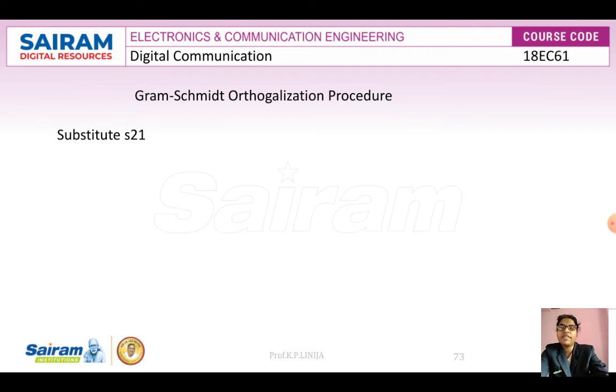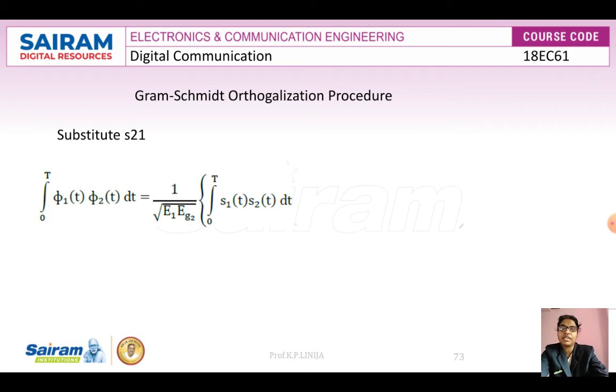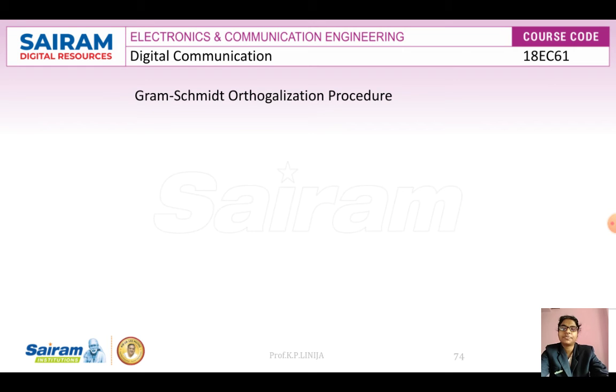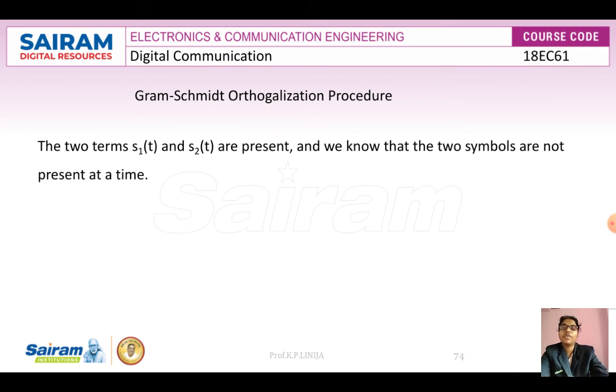Then we already know the coefficient is defined as s21. Therefore, this equation may be rewritten by substituting the value of s21, which is nothing but the integral of s2 of t into phi1 of t. Now we have two terms, s1 of t and s2 of t, present in the previous integral, and we know that these two signals are not present at a time.